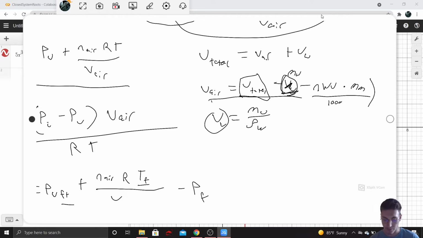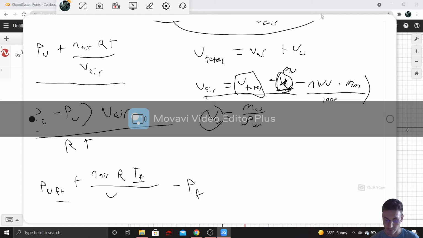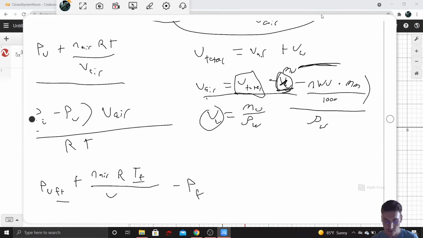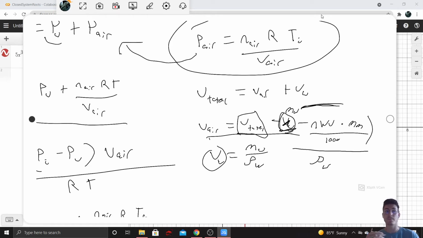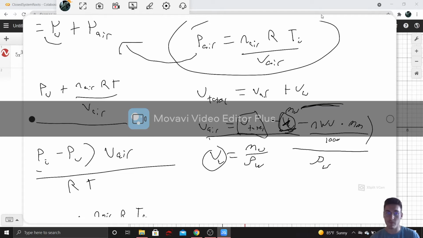This right here is the whole total new mass, so we're going to divide just this part by the density to get the new volume of just the water.